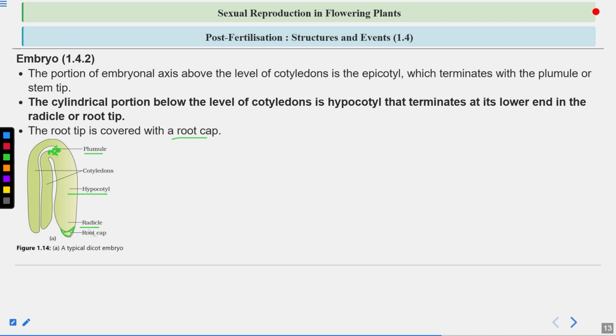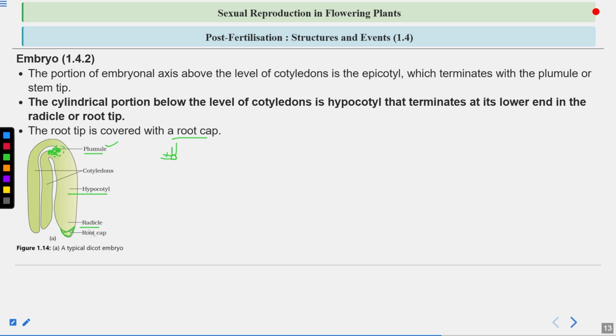Suppose this plumule is not having such a tissue and it is surrounded by some of the tissues, then the plumule will get the protection. If suppose the plumule is there and at the very next cell will be the cotyledon.